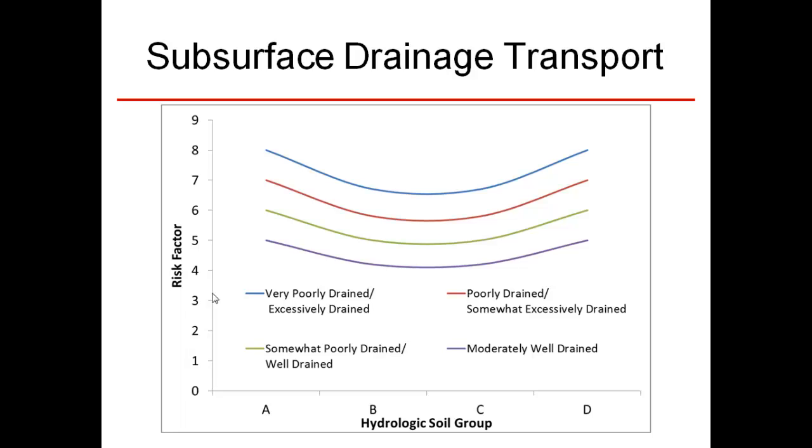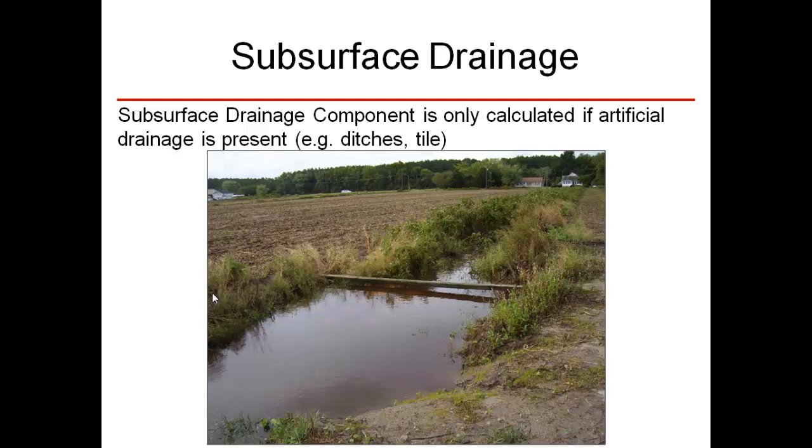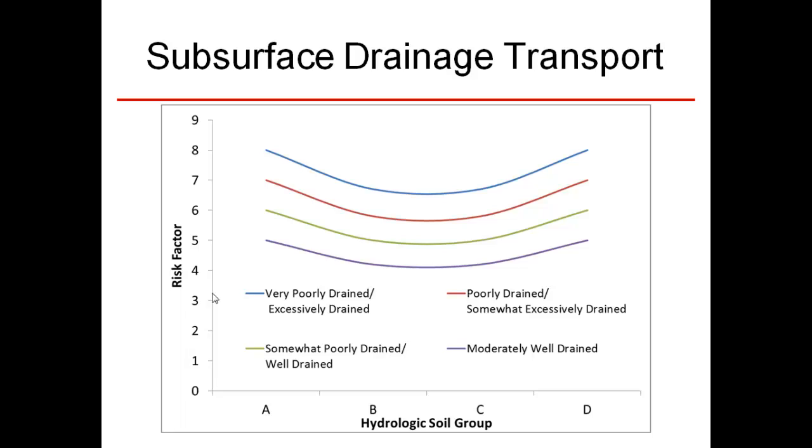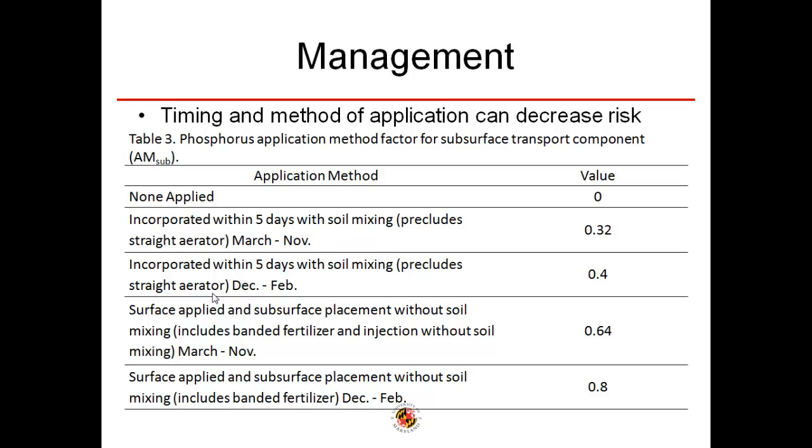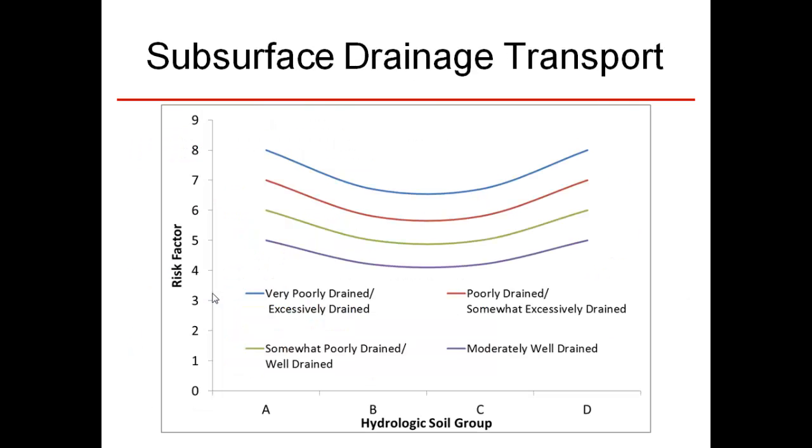So we created this risk factor for subsurface drainage that incorporates the hydrologic soil group and says you have a higher risk when you are in hydrologic soil group A or D, and hydrologic soil groups B and C are a little lower risk. Then we look at the drainage category, very poorly drained versus excessively drained. The reason we did that is because there are basically two ways that phosphorus moves in a subsurface pathway.